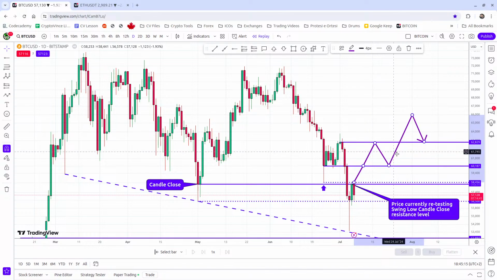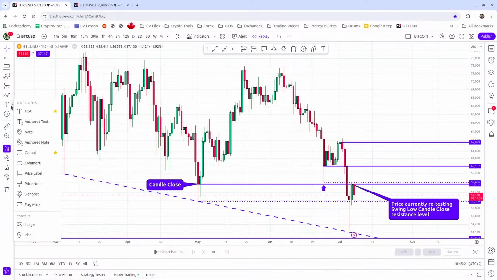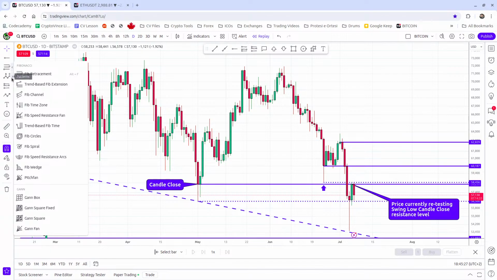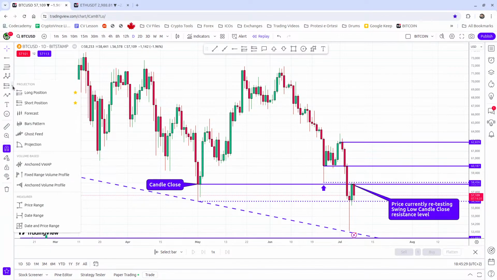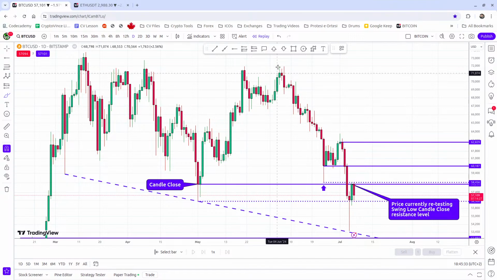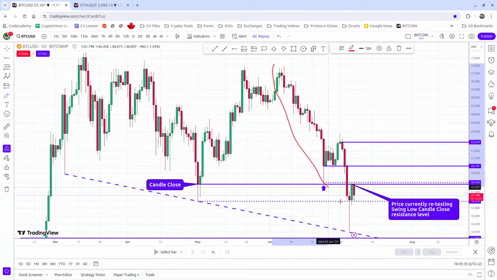If we see, guys, the daily chart at the downtrend, the downtrend is this, the local downtrend, okay?